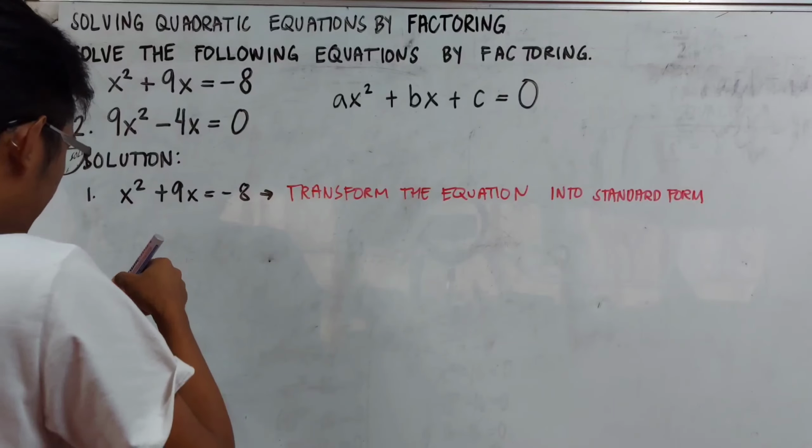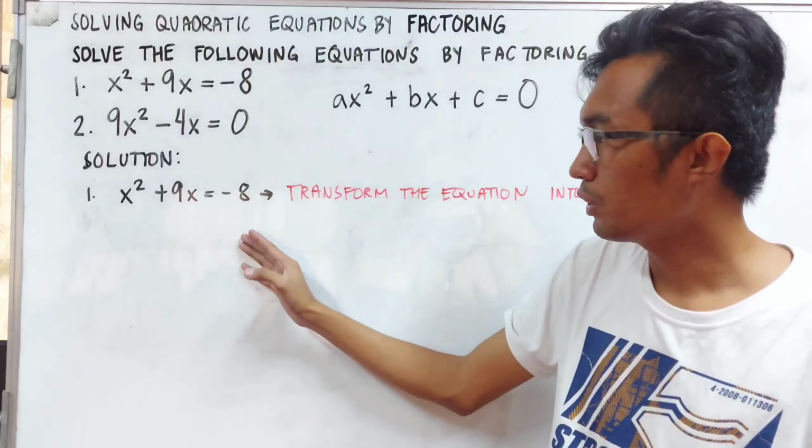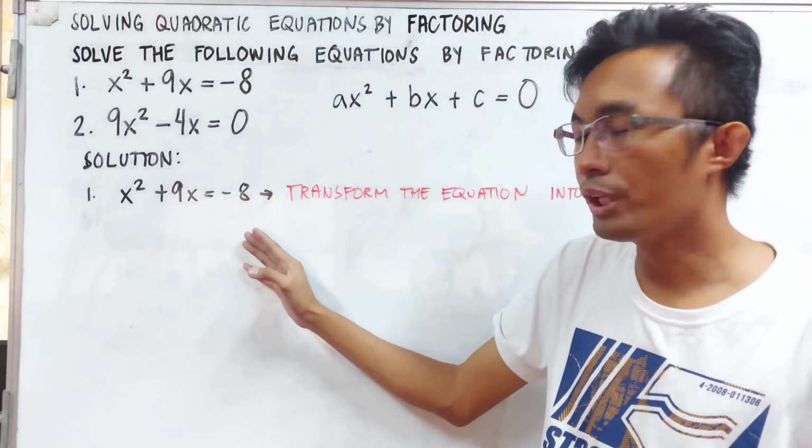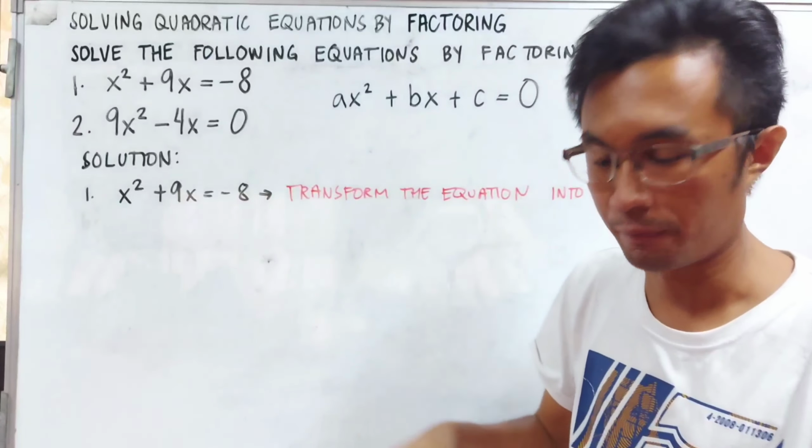So we have now, para ma-transform to, we need to eliminate negative 8 to the right side of the equation para maging 0 siya. So para ma-eliminate to by using addition property of equality, add both sides by 8.